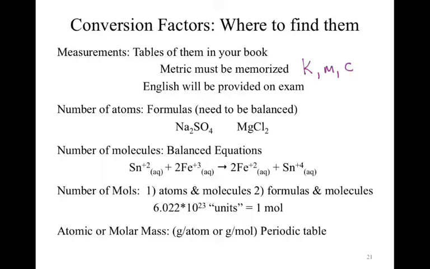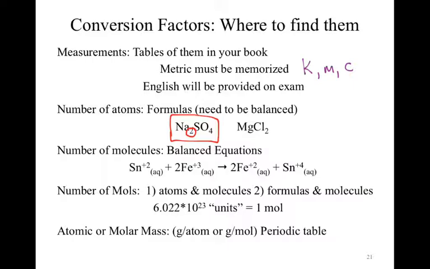The number of atoms. So if I wanted to figure out the number of atoms per some structure, I can find that information from a formula. That formula must be balanced, because if the formula is not balanced, I can't determine the proper ratios or the proper conversions. So as an example, if I want to know the number of sodium atoms in sodium sulfate, I would look at my formula for sodium sulfate that is balanced and say within sodium sulfate I have 2 sodium atoms.